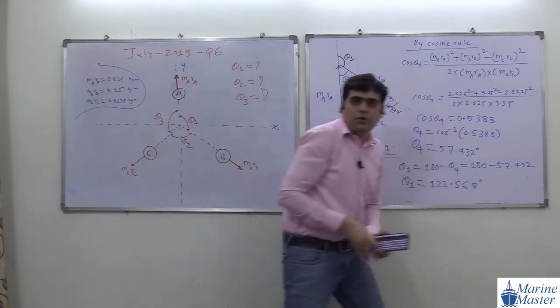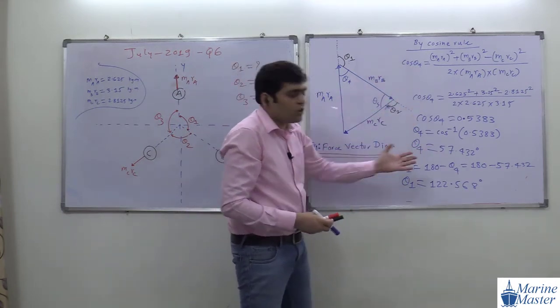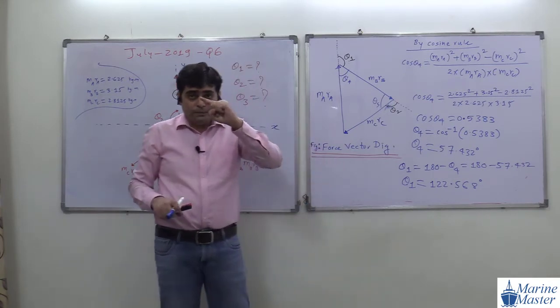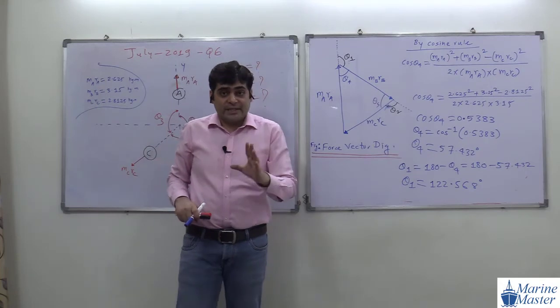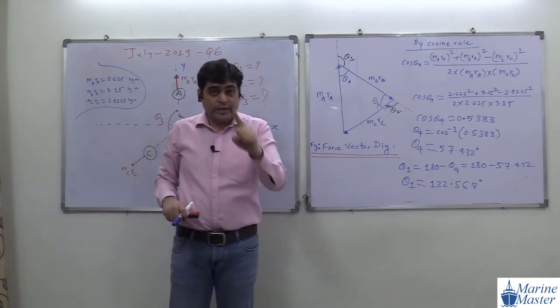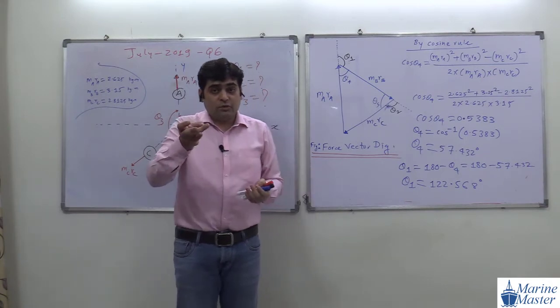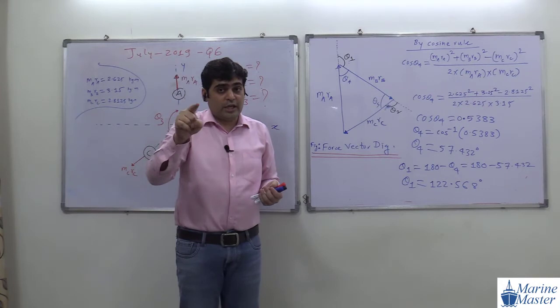Very simple. If you are good with the sine rule and cosine rule, in only a few steps we got the answer and everything is very, very simple. So the moral of the story is what? For mechanics, you should be good with drawing. You should be good with trigonometry functions, meaning sin theta, cos theta, tan theta. You must be good with sine rule, cosine rule.